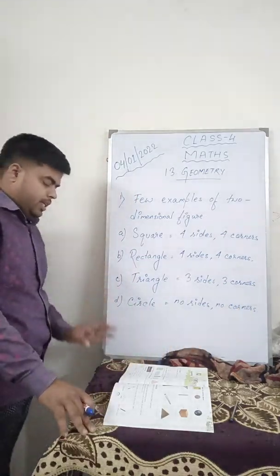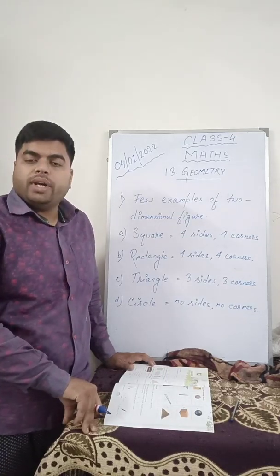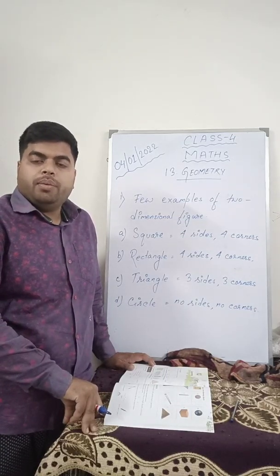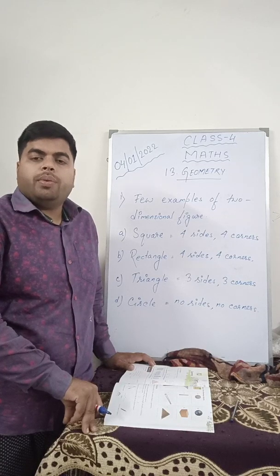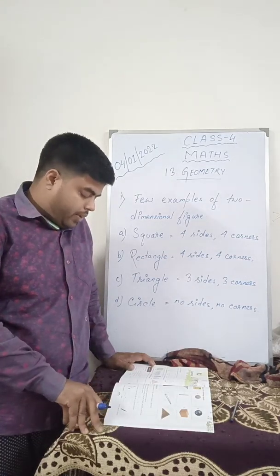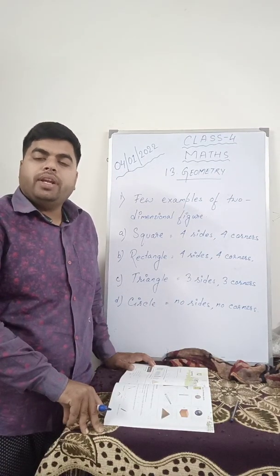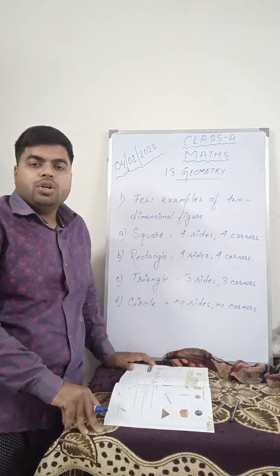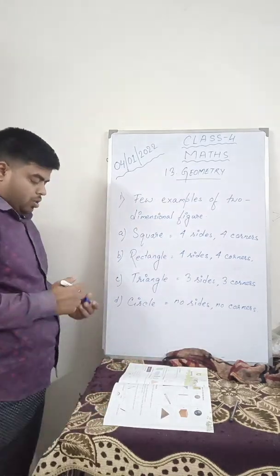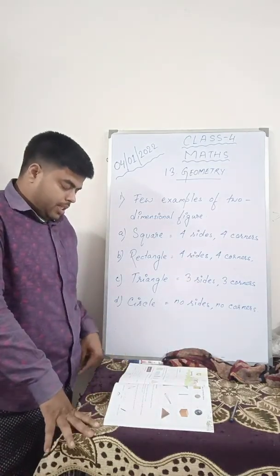So these are the details of what? These are the details of the two-dimensional shape. Remember, you will come to know about few new words like vertex, edge, and faces. They are very common, but you will find this in three dimension. So children, please note this down so that I can move on to the next topic, that is three-dimensional.